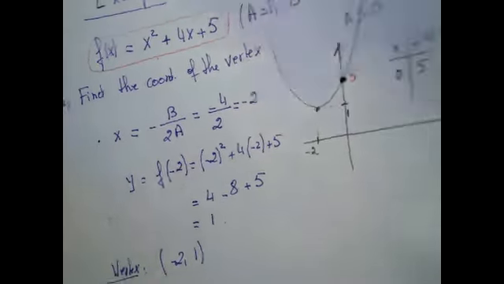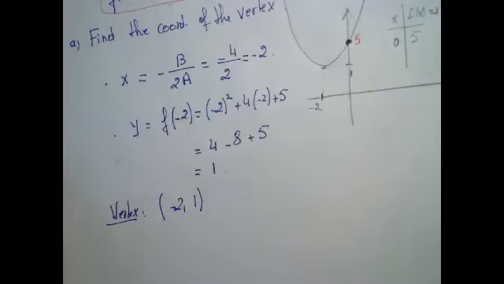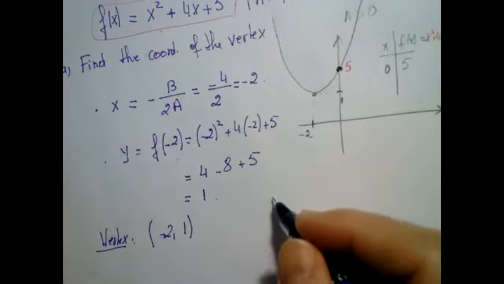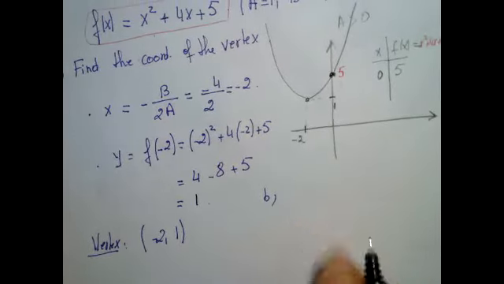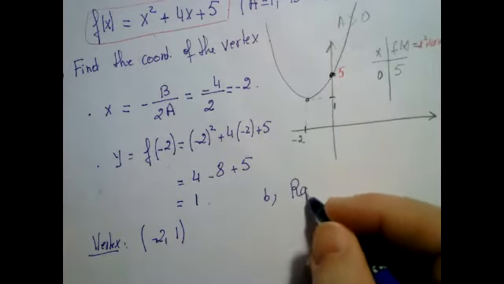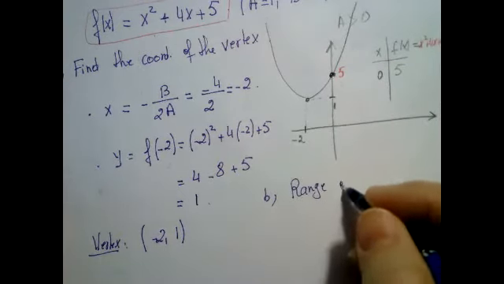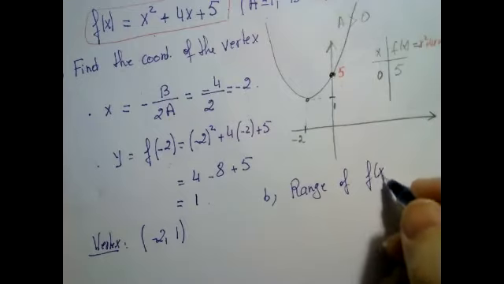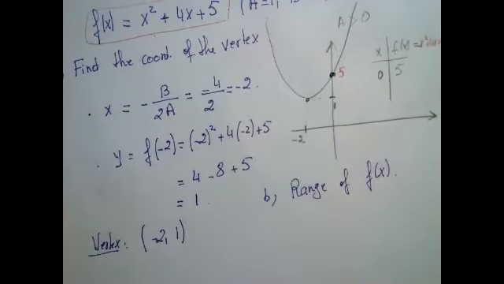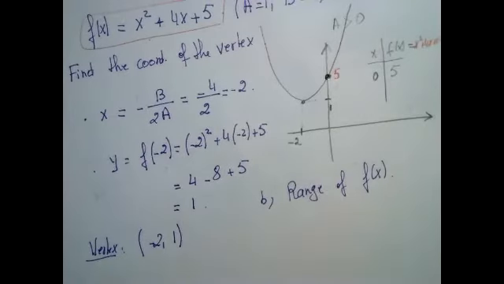Now suppose I ask you find the range of the function. So B is find the range of f. You guys remember this question? What's the range? Now that we had a very good graph, we can figure out the range. What's the range?